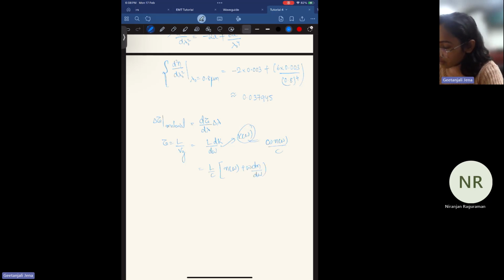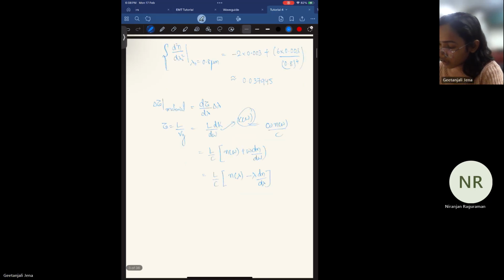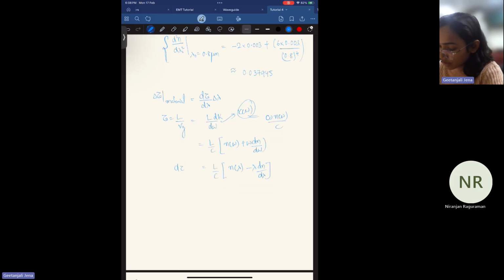In terms of wavelength, it is given by L by C times n of lambda minus lambda dn over d lambda. Now, if you take the derivative with respect to wavelength, you can easily find that D_m is given by minus lambda by c times d square n over d lambda square.